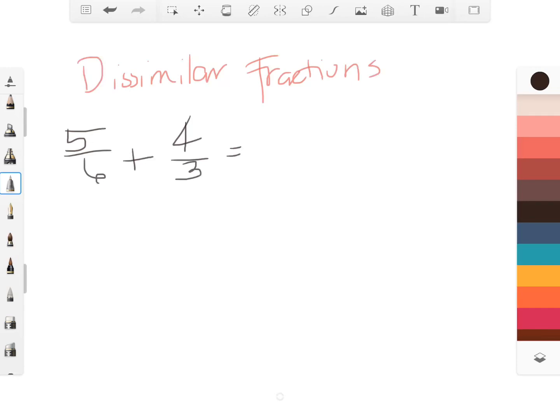Now, unlike similar fractions, we cannot just add the denominators. Let's say 6 plus 3 equals 9. That is wrong. Most of the time I see kids who do it like this: 5 plus 4 equals 9, and 6 plus 3 equals 9, which is 1. And again, that is wrong.